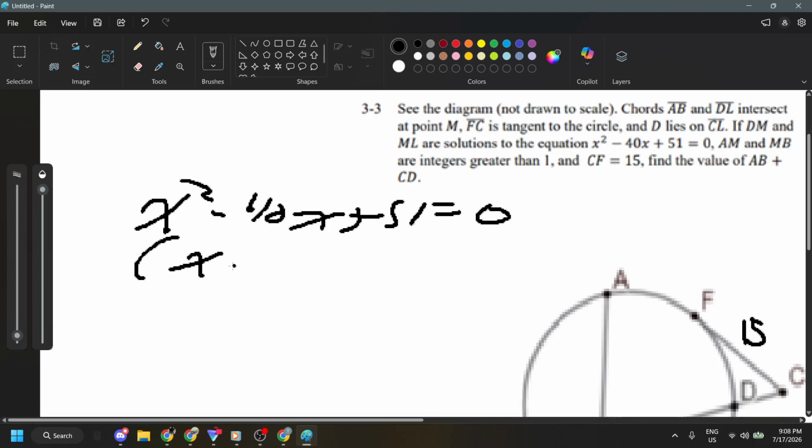So we have 51. Is it prime, I think? No, it isn't. It's 3 times 17, maybe? Oh my god, I can't even think. Yeah, it's 3 times 17, right?